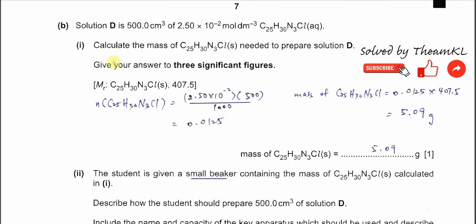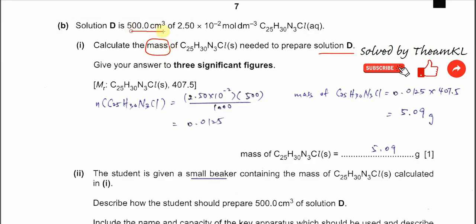Part B. Solution D is 500 cm³ of 2.5 × 10⁻² mol per dm³ of this dye solution. Calculate the mass of the dye needed to prepare solution D. This is quite easy. Because it needs the mass, we first need to calculate the moles.